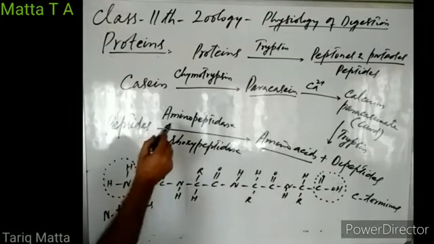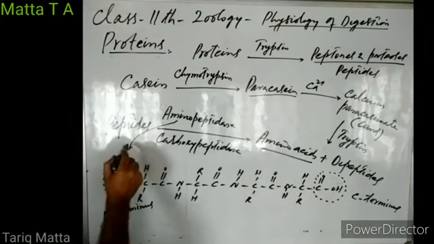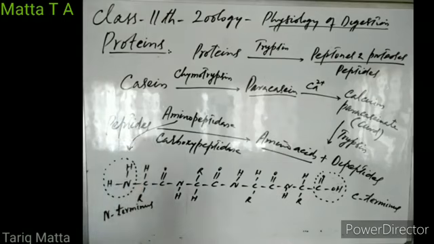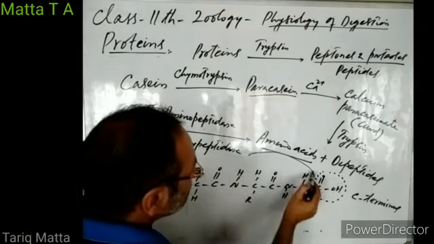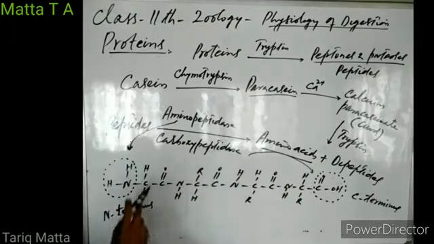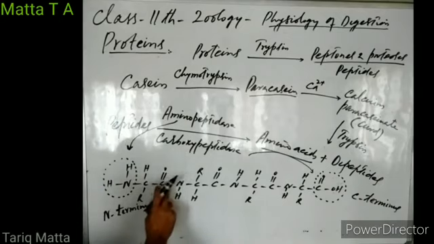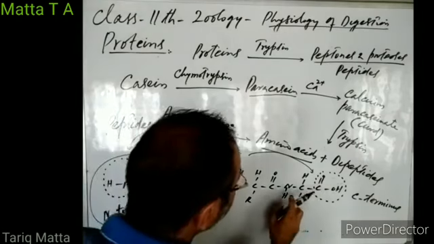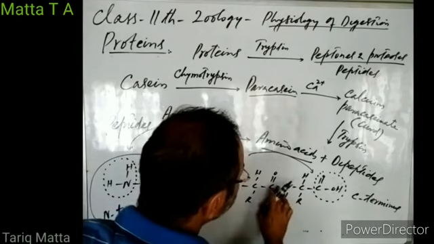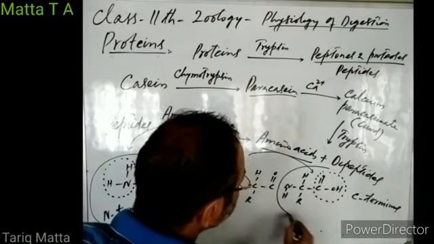So aminopeptidases act on the N terminus, and carboxypeptidases act on the C terminus. Aminopeptidases will break the first peptide bond from the N terminus, releasing this amino acid. Carboxypeptidase will break this peptide bond, releasing the amino acid.